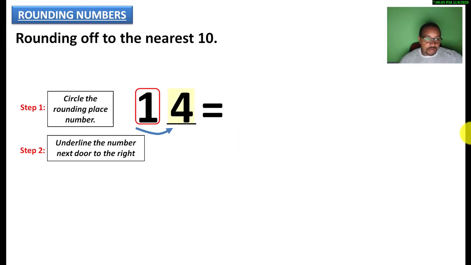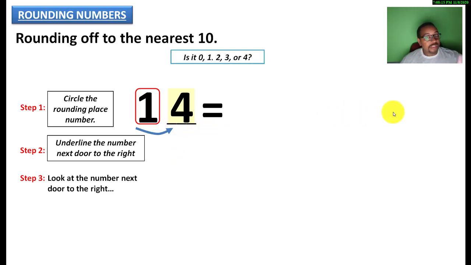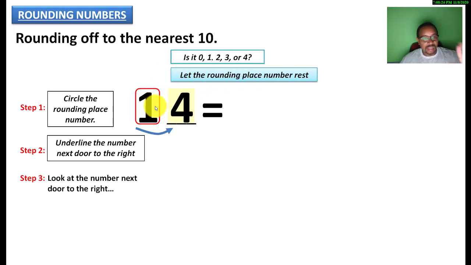Step 3. Now, the number next door, you look at it, yes, we know it's a 4, but then you have to ask yourself this question. Is it a 0, 1, 2, 3, or 4? Well, we can see it's a 4. And in that case, we let the rounding place number rest or stay as it is.